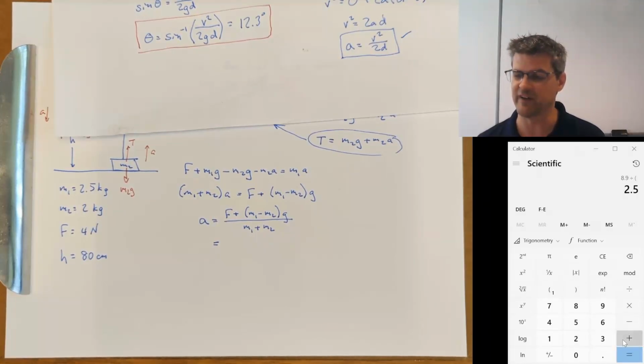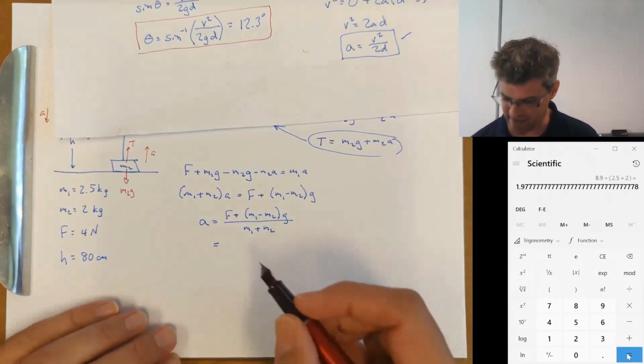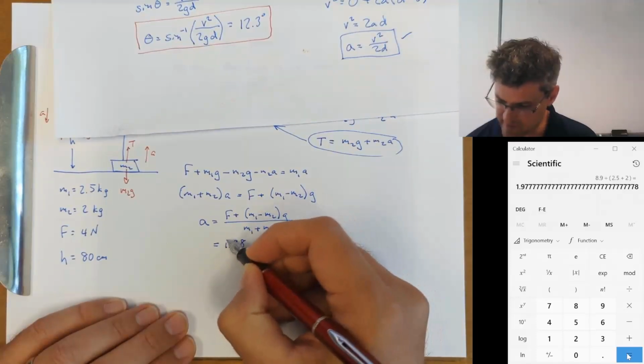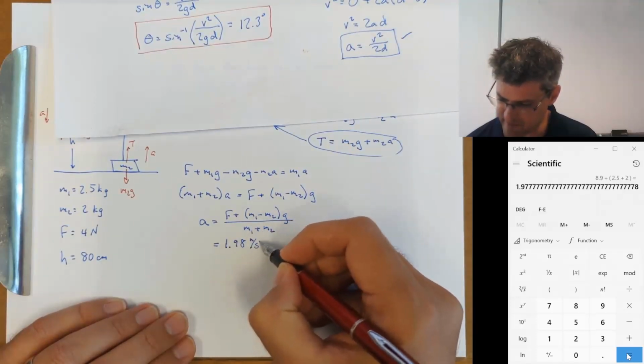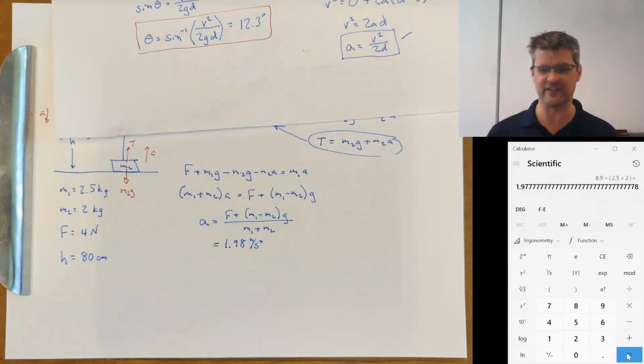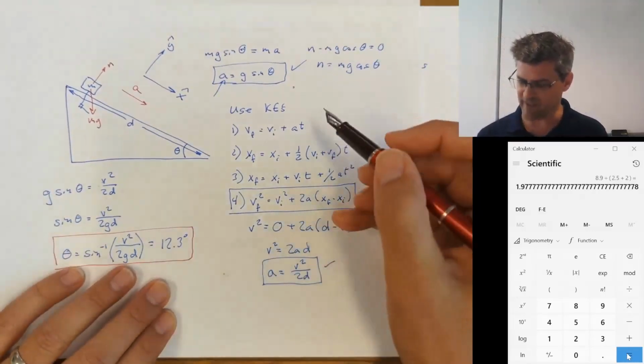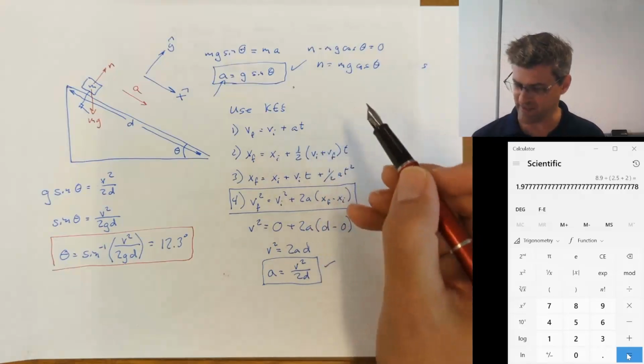Divide by 2.5 plus 2. So this is the acceleration, 1.98 meters per second squared. This is the acceleration, but this isn't what we were asked for in the problem. We were asked to find the time that it takes to hit the ground.